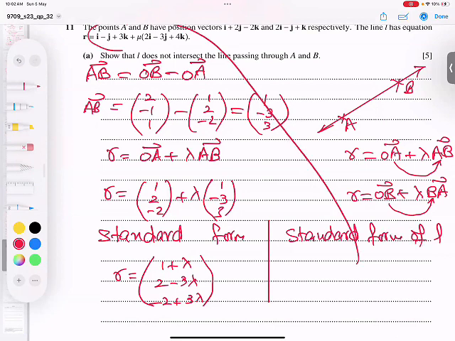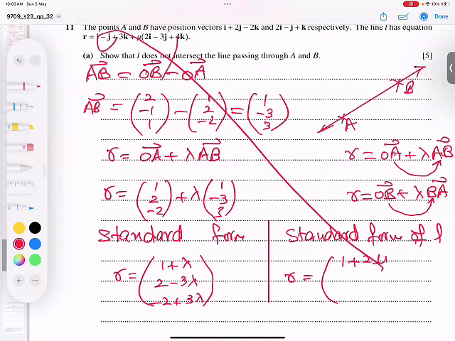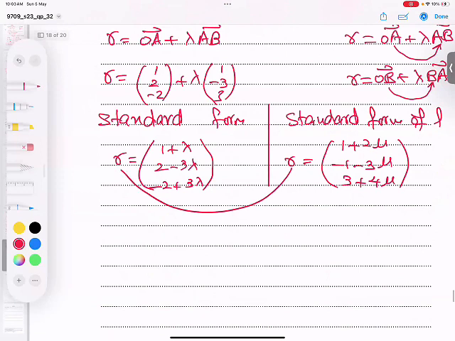So what I will do, same story. 1 from here and 2 mu from here. Okay, -1 from here and -3 mu from here. Same way, 3 from here and 4 mu. Now I will put them equal to each other. So these components are equal if they intersect.